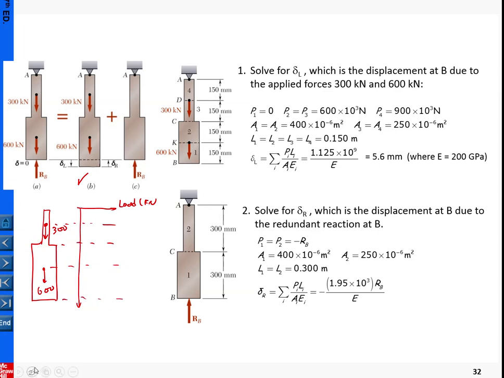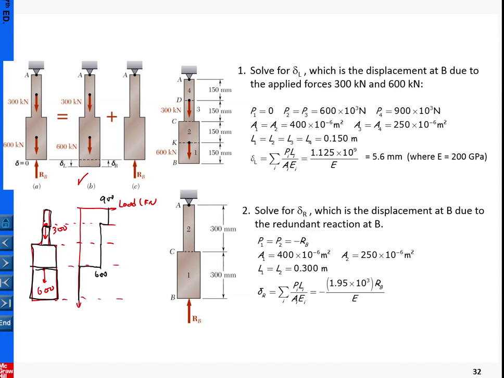Okay, so in here you should be able to see in these portions the loading equal to 0, and then in this segment the loading equal to 600. Okay, so this is 600, and in this segment the same 600, and in the final portion that is 900. So that's the loading.